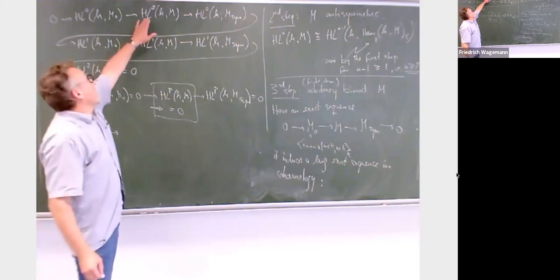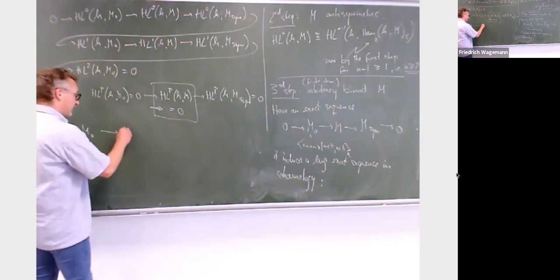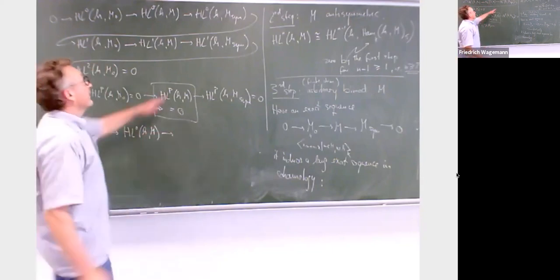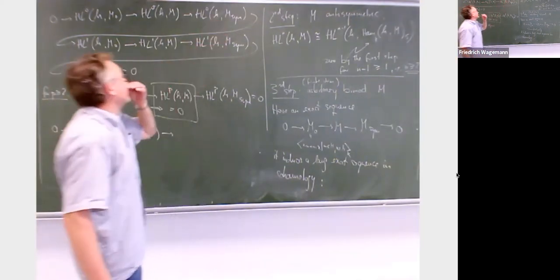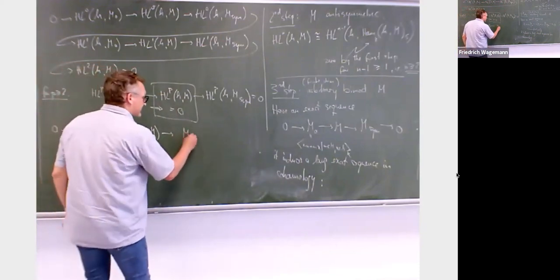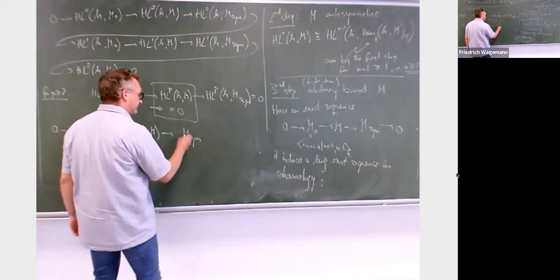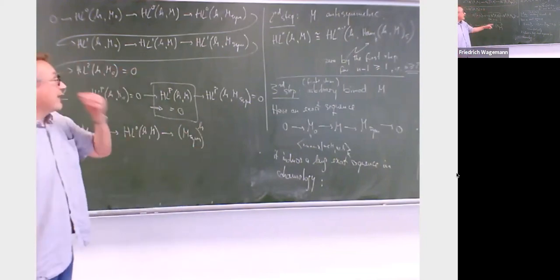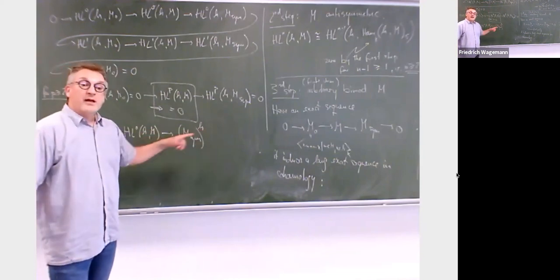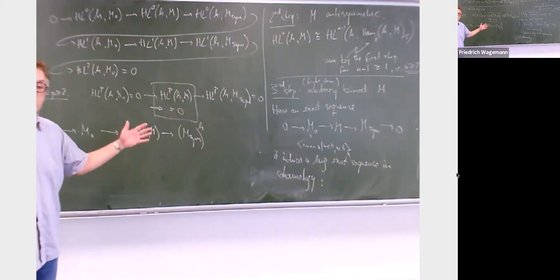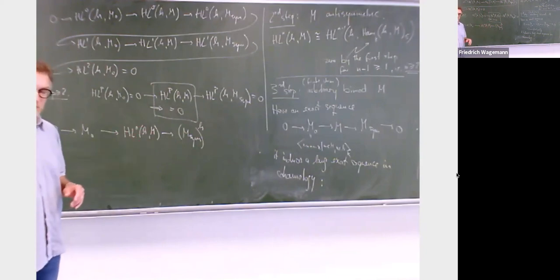Now, this is HL0 of H with M. Here, this is a symmetric module. So it is just invariants. But the Leibniz ideal always acts trivially from the left on any module.